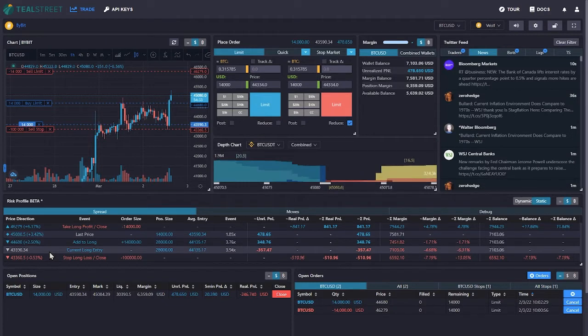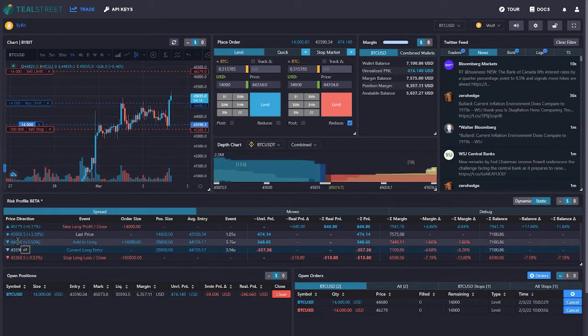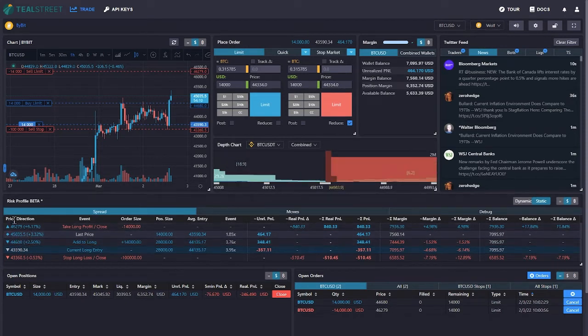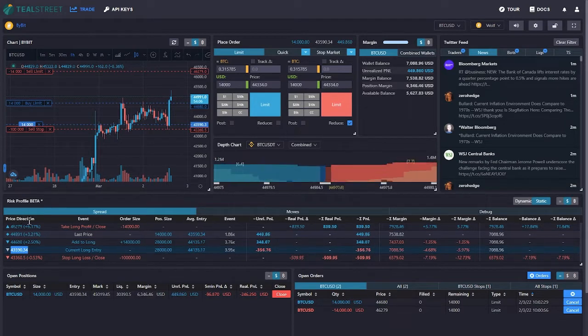Okay, moving further down, you would have your current long entry, which changes, and it'll be all the way down at. So this is because, okay, this is where it's a little bit confusing. Since this long is still your long and that order has not been filled, your average entry can still be seen on 43,590 in the price direction section.